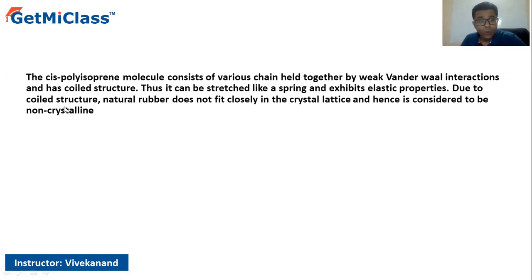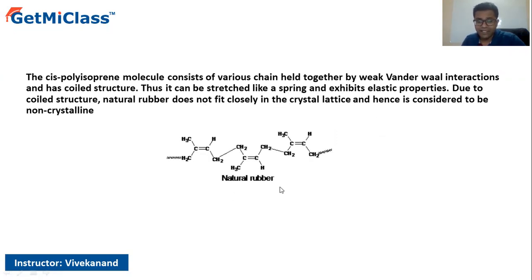Due to the coiled structure, natural rubber does not fit into the crystal lattice, and hence it is considered non-crystalline in nature. So this is how the molecular structure of natural rubber looks. Let's go further. In the next case, we will observe the synthesis of vulcanized rubber.